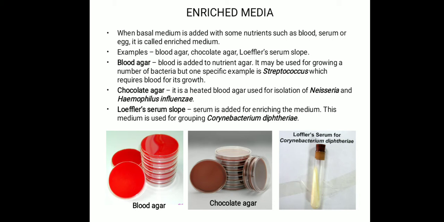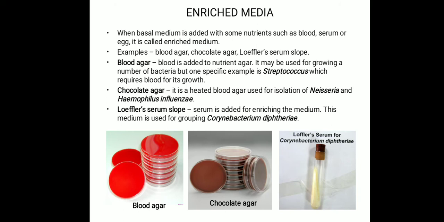The first picture we have here is the blood agar. Here blood is added to nutrient agar. It may be used for growing a number of bacteria, but one specific example is Streptococcus, which requires blood for its growth. Then the second picture is the chocolate agar.